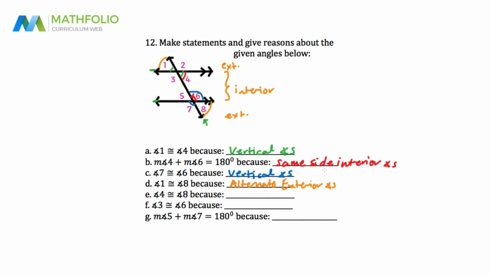angles. Now 4 and 8, let's take a look, changing this to pink. 4 is here, 8 is here, and those two are kind of like in the same location, just at a different intersection. So they're both bottom right. So in that case, they are called corresponding angles.